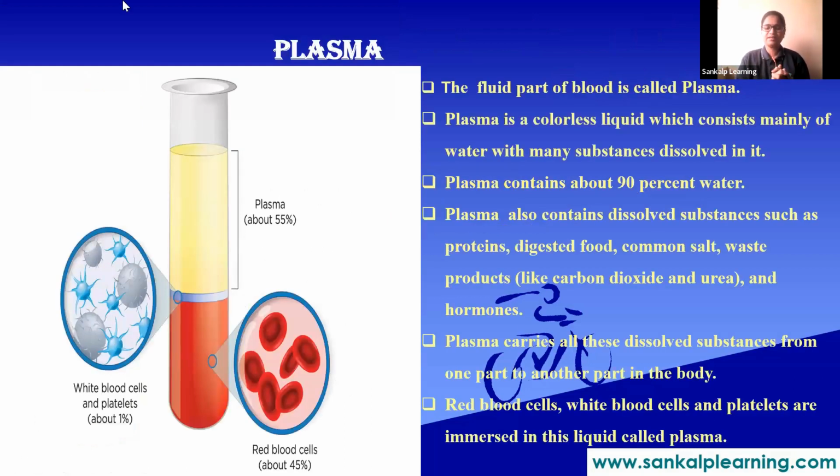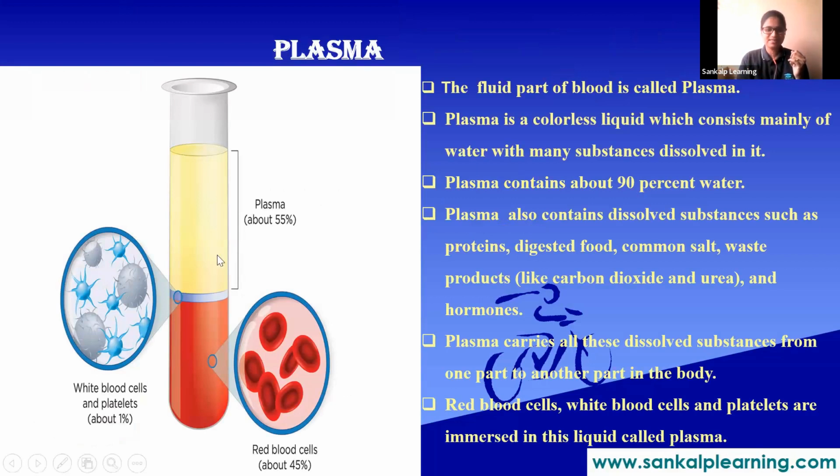As you can read here, plasma is the fluid part of blood, the part which makes blood a fluid. Fluid means the substance which has a capacity to flow, right? So the substance which makes the blood flow is plasma. It will be colorless.